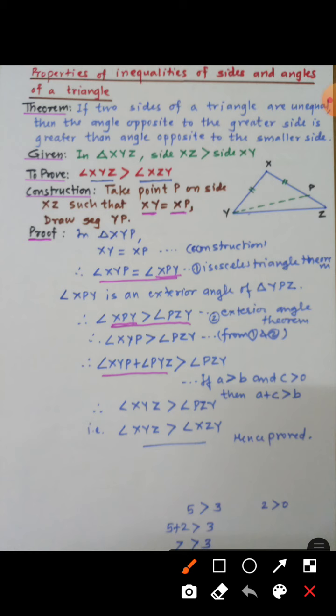To prove this, given in triangle XYZ, side XZ is greater than side XY. We have to prove that angle XYZ is greater than angle XZY.